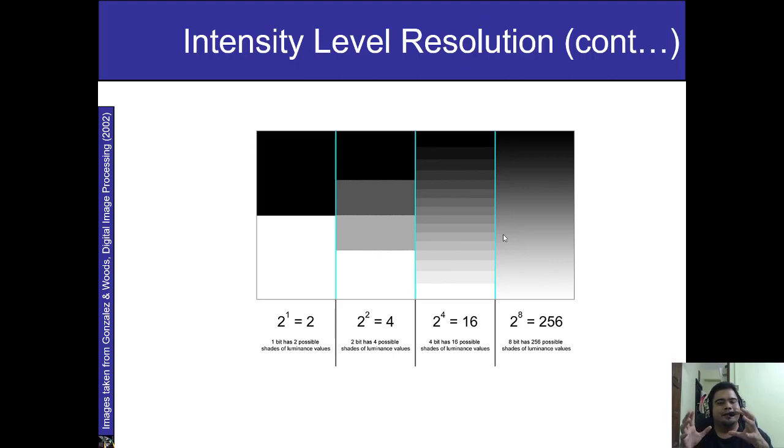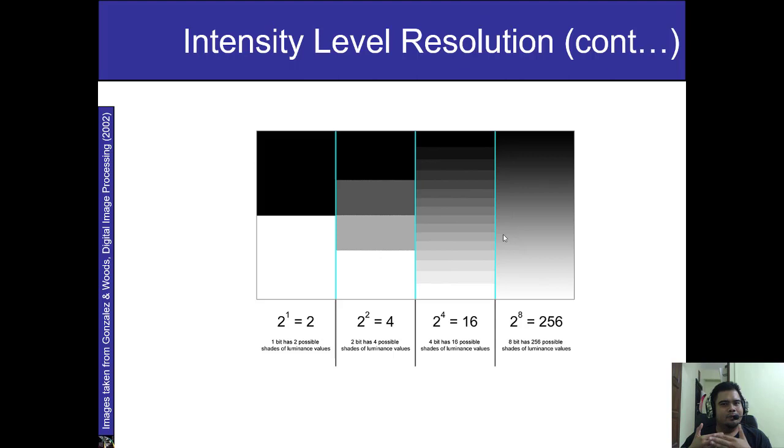So that's why, if you talk about the video format, they always use either 25 frames per second or 30 frames per second by default, because that number is enough to trick your eyes. Your eyes are not sensitive enough to see any change, any difference, between video which is 30 frames per second and video which is more than 30 frames per second.